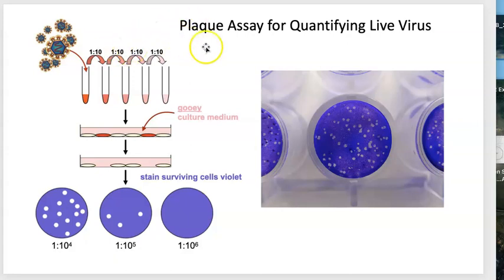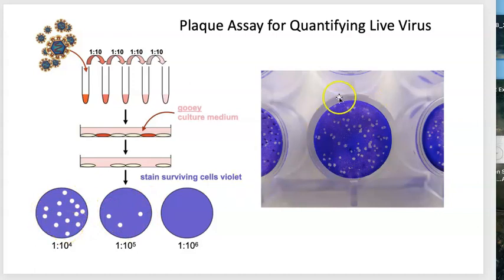And so we often will do a version of that called a plaque assay, in which a sample containing virus can be diluted, and then dilutions of the potential virus-containing preparation can be mixed with cell culture. And then we would look for cell death on these cell culture plates as an indicator of live virus.